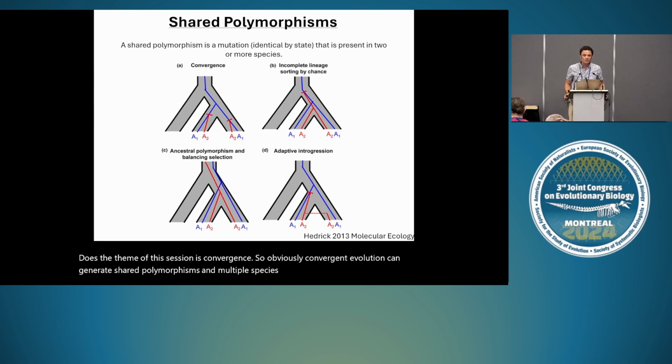Adaptive introgression, as we just heard about, can also generate shared polymorphisms between species. And additionally, shared polymorphisms can arise prior to the split of two species and can either be present because of neutral demographic processes, referred to as incomplete lineage sorting, or they can be actively maintained in both species via balancing selection. And these are oftentimes called trans-specific polymorphisms.